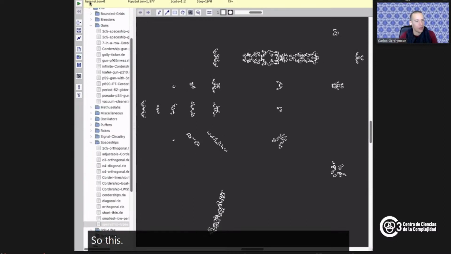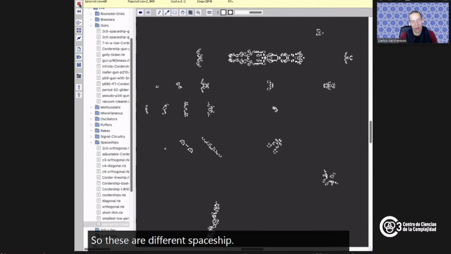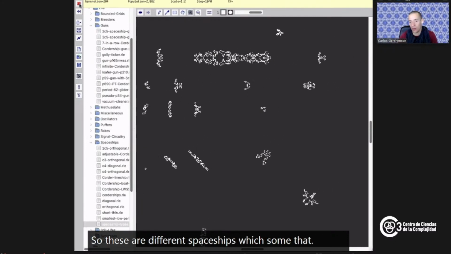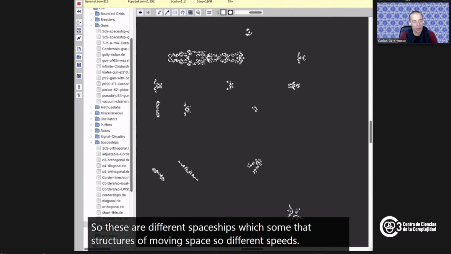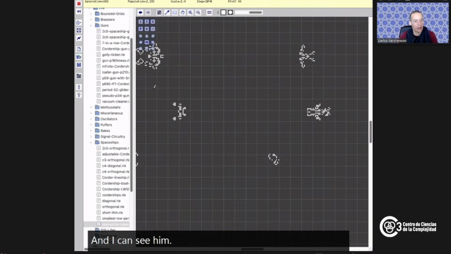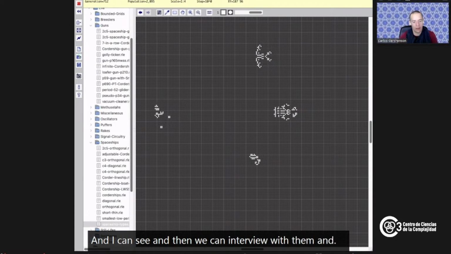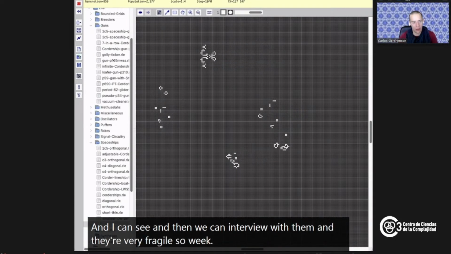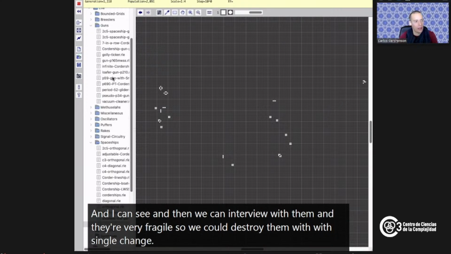So these are different spaceships, structures that move in space at different speeds, and then we can interfere with them, and they're very fragile, so we just destroy them with a single change.